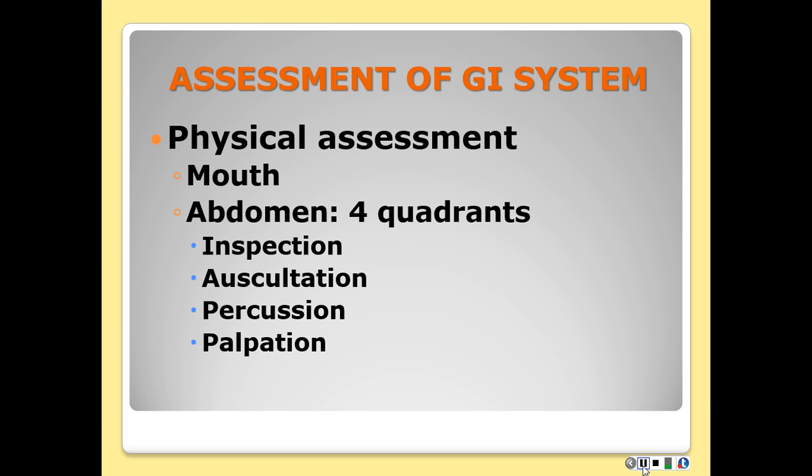If there's waves in the abdomen, somebody who's very thin, you can actually see peristalsis. Okay? You should not be able to see peristalsis in me. If you can, something's wrong. Okay? Something is wrong. You're looking also for pulsation in the abdomen. If your patient has an abdominal aortic aneurysm, you may see pulsations in the abdomen.